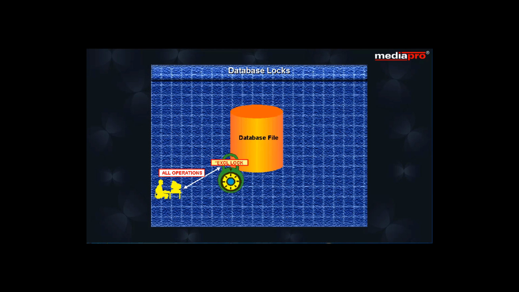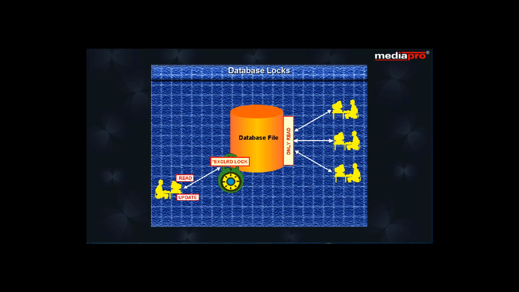When a job places an exclusive lock on an object, other jobs will have no access at all to the object. With an exclusive allow read lock, the job that has placed the lock can read or update the object while other jobs can only read it.